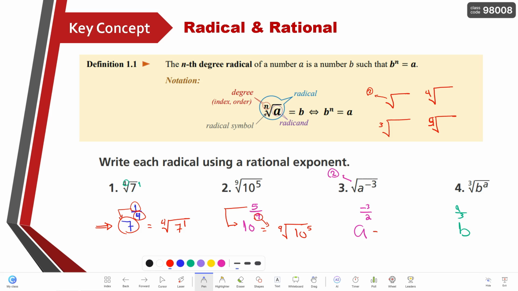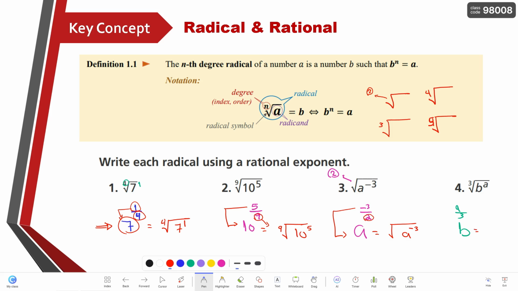On the other hand, as we wrote a raised to the power of negative 3 divided by 2, we can simply write the radical form and then write the a under the radical, and then I'm going to say that the numerator would be the power of the a, so this one would be negative 3, and since 2 is the degree of our radical, there is no need to write 2.